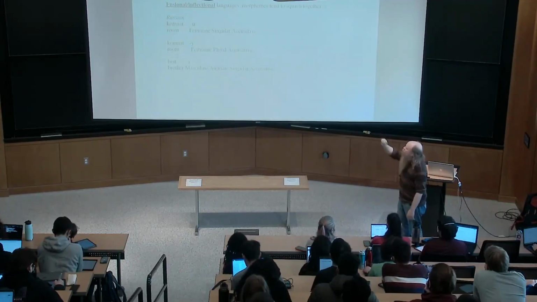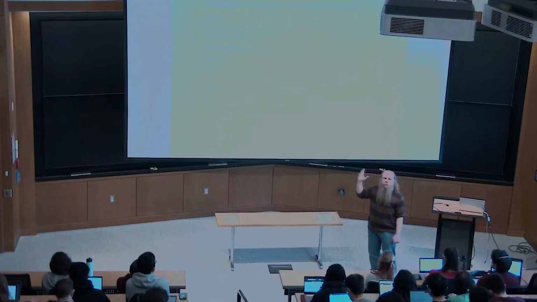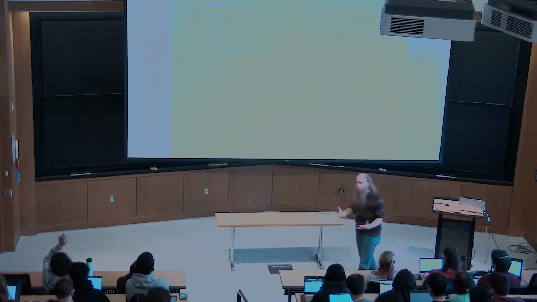So the u at the end of komnatu means feminine, singular, and accusative, and the y at the end of komnaty means feminine and plural and accusative, and it's hopeless to try to find a part of that suffix that's the part that means singular or plural. It's just all in one big spot.